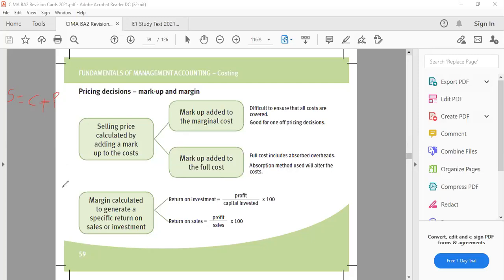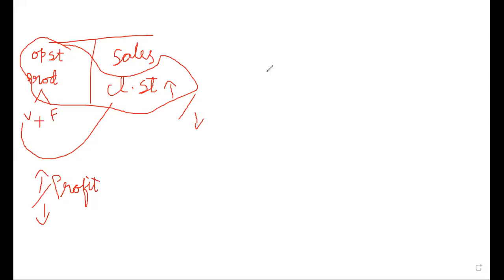I'll try to explain, try to understand this one. So there is one cost which is fixed in nature, which is called fixed cost. Let's say this is activity level on the x-axis.